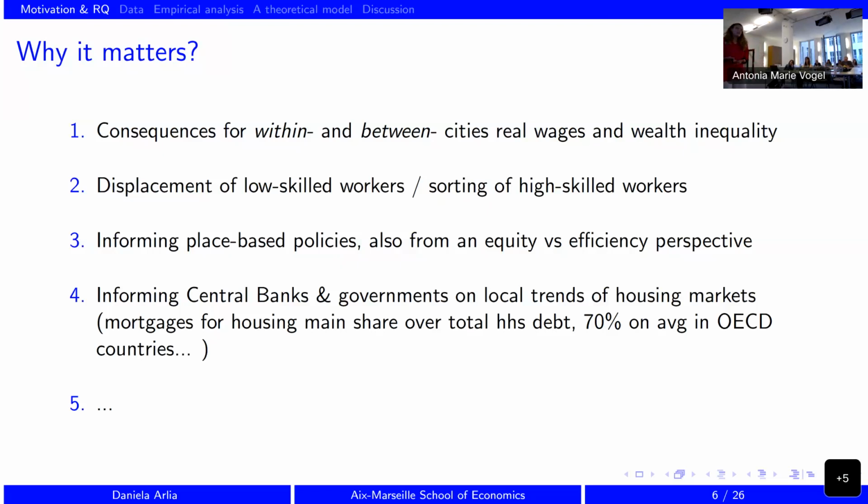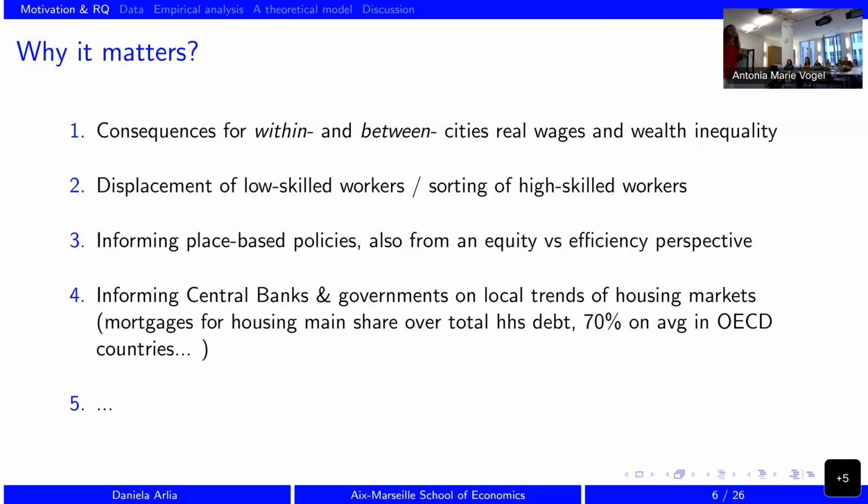And results from this type of analysis can inform place-based policies, also from an equity versus efficiency perspective. It can help answer the question, for example, is it good to concentrate most of the economic activity in big cities, or should we push a model of development which is more uniformly spread across countries?